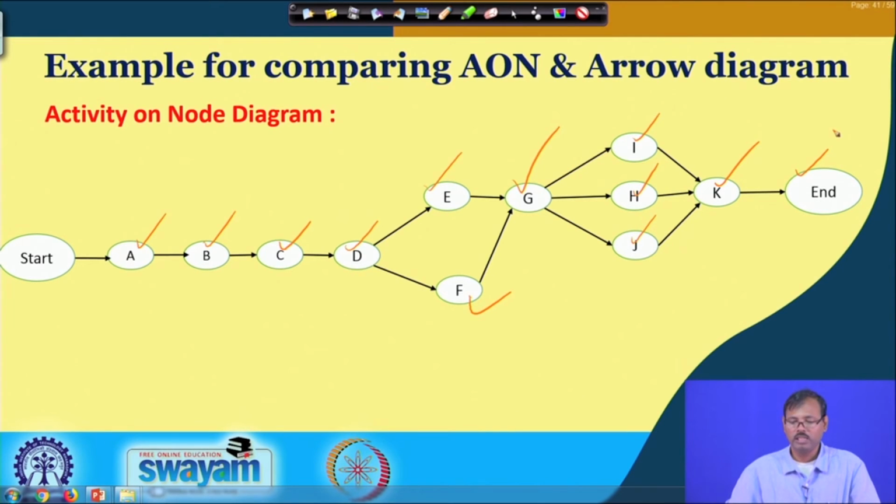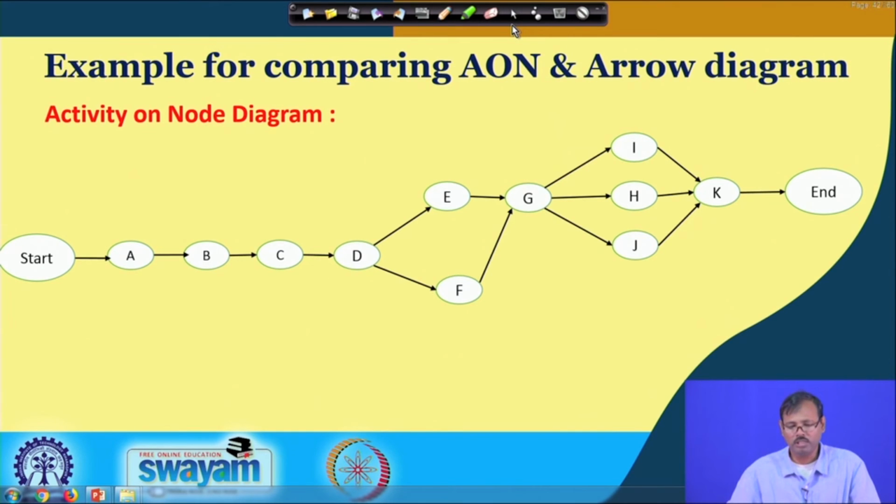So, this is a simple one for the underground, but the activity on arrow diagram requires 2 dummy jobs to be defined for the completion of the network, which are eliminated in this activity on node diagram.